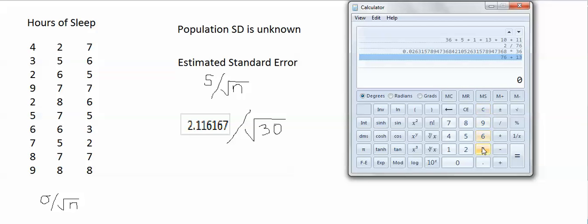In a scientific calculator, I can type in 2.116167, then the slash for divide, and then type in the sample size, 30, and then hit the square root key. It'll divide the standard deviation by the square root of 30. And it already gave me my answer. So this is our estimated standard error.